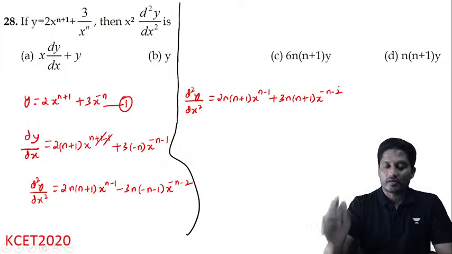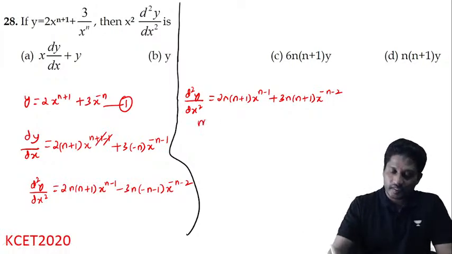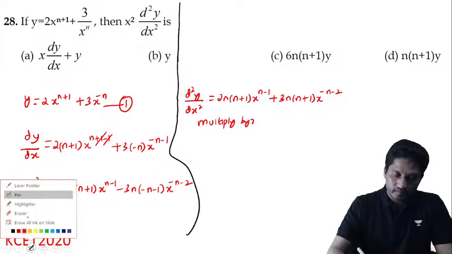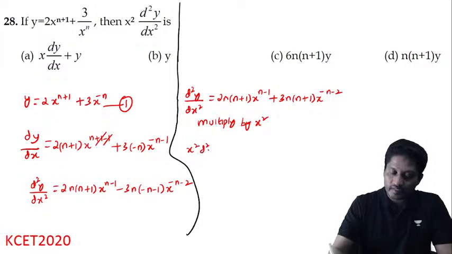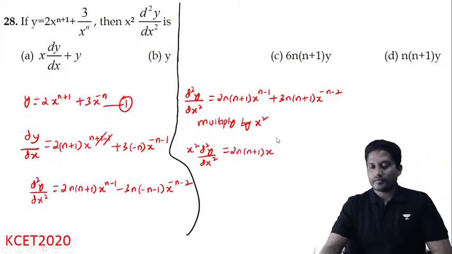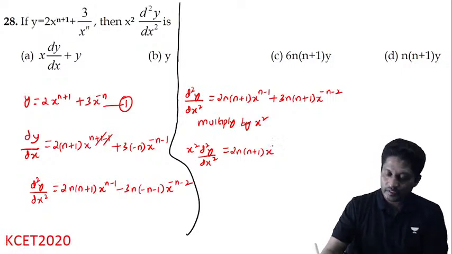I want x square into d square y by dx square, so multiply throughout by x square. You will get x square into d square y by dx square is equal to 2n into n plus 1 into x to the power of, if you square, then this will be n plus 1.